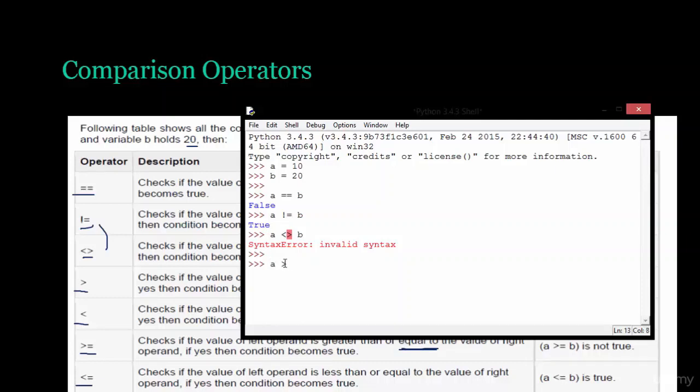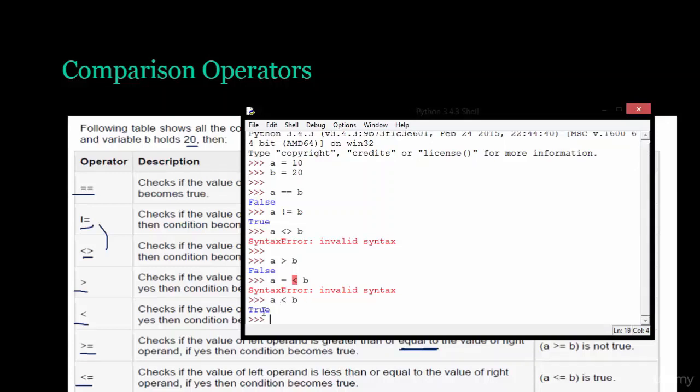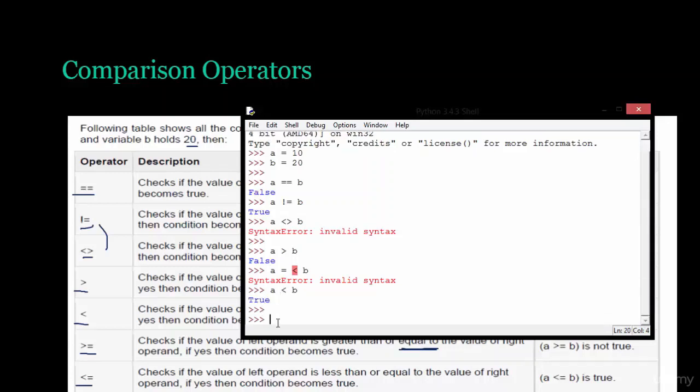Let's try another one. If I type A greater than B, this will give us false because A was 10 and B was 20. And if I type A is less than B, this will give us true. Okay.